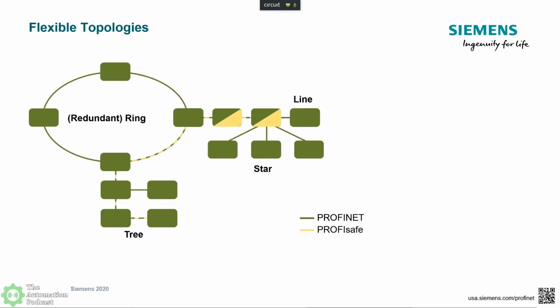In case you have a wire break or a cable break on the network, you won't lose data, and it's bumpless. Nice. Besides that, PROFINET also supports wireless communication, also with ProfiSafe. Functional safety also works wireless.